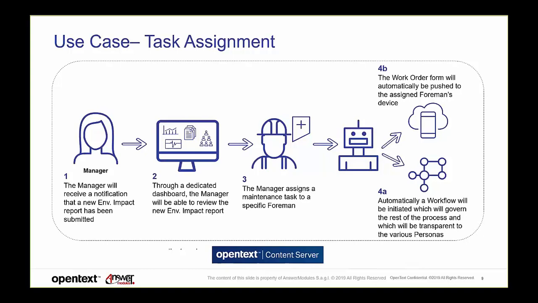So we're initiating the workflow that's going to govern this maintenance task. And this workflow will actually be, let's say, invisible to the various personas. So what I mean by this is that they won't be receiving workflow step notifications, but rather their actions will actually progress that workflow.